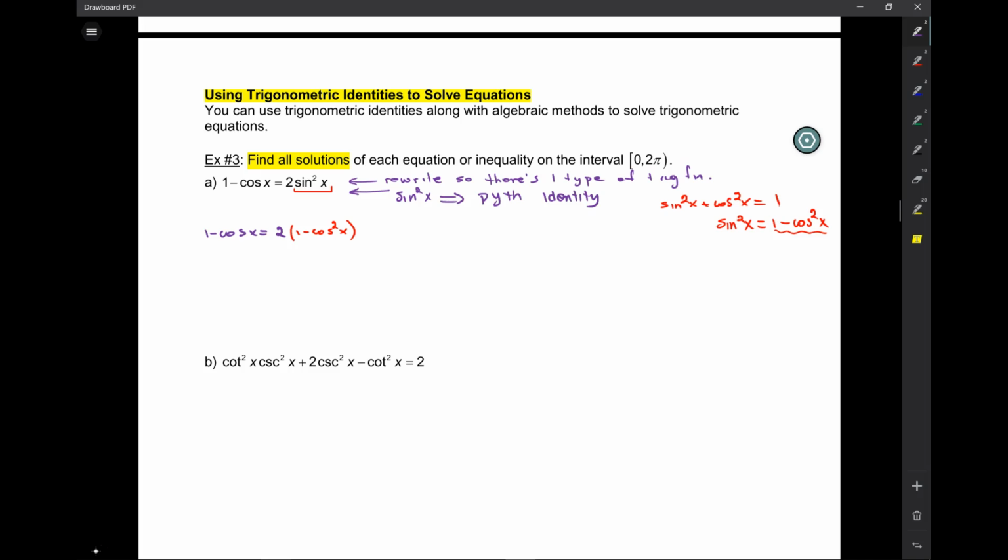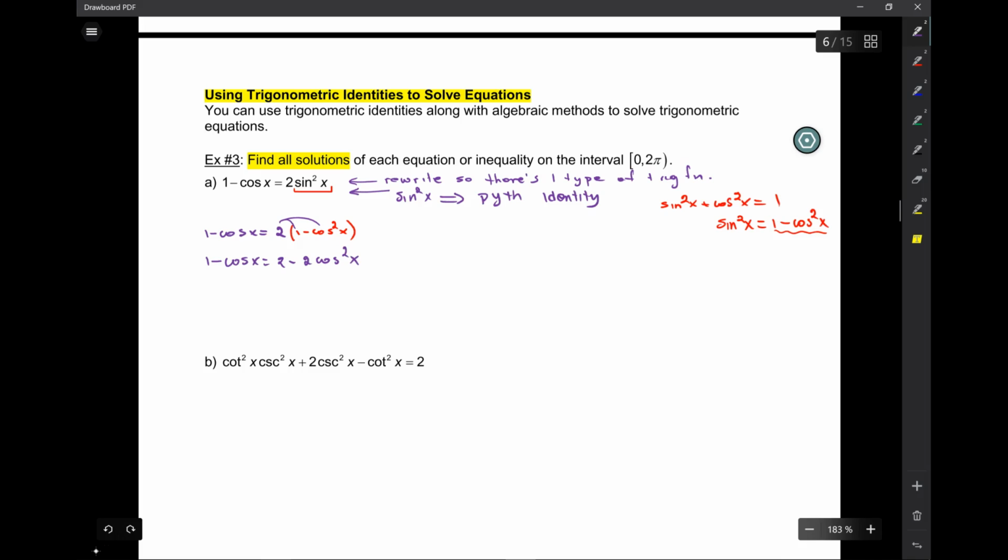So now look, my equation only has cosines. I can't change this one; I only have an identity for the sine squared. You see it? Okay. So when I distribute, 2 minus 2 cosine squared x.